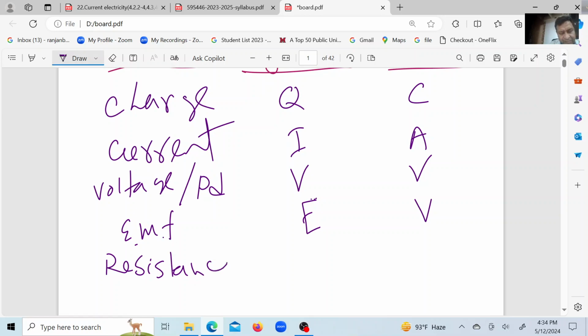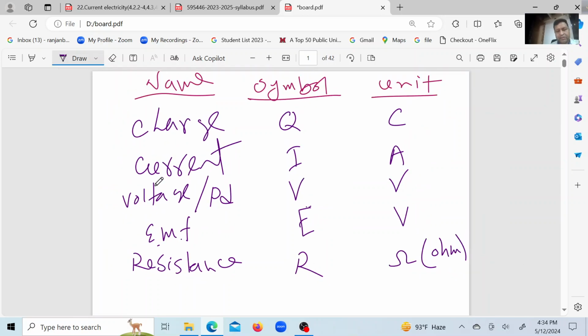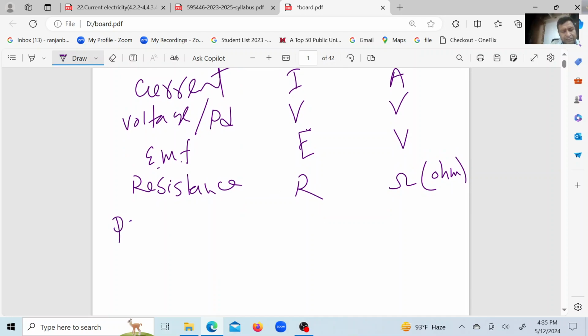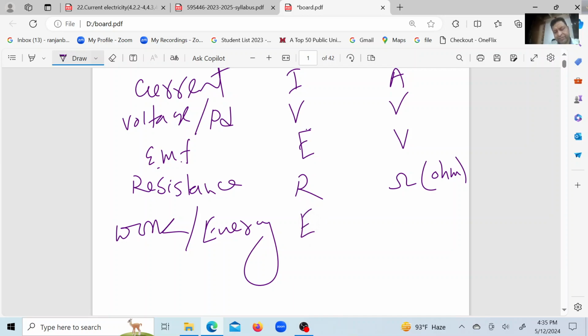Resistance, R, unit is ohm. Then power. Okay, before that, work done or energy, E. It is also E. The unit is joule.